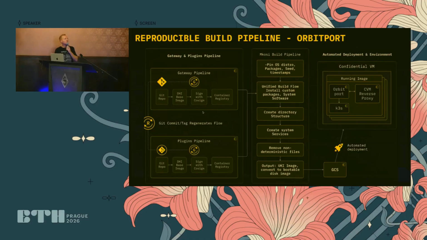Whenever we put some code to our repository, we finally get a Docker hardened image that sits on the Docker hardened image repository.